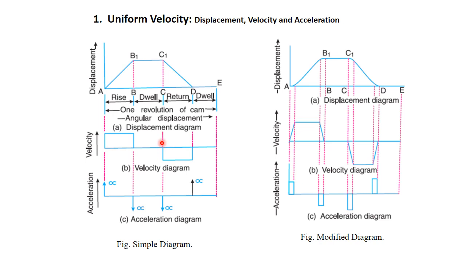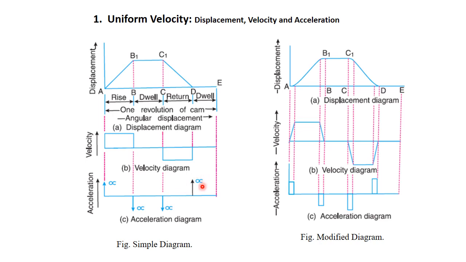So the follower traces the return stroke at constant velocity. When it returns with constant velocity, again it has zero acceleration, but at point C and at point D it again has acceleration and deceleration, that is retardation, of a value equal to infinity.